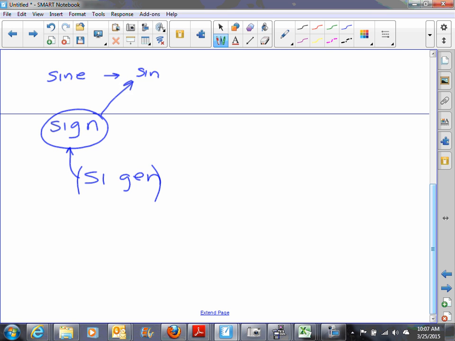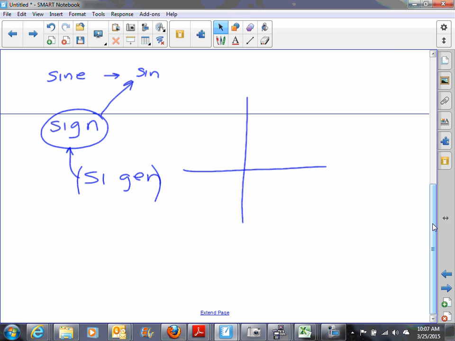All right, now let's take a look at our definitions again and terminal ray. Now let's imagine we have our terminal ray in the first quadrant, and this is our angle theta.